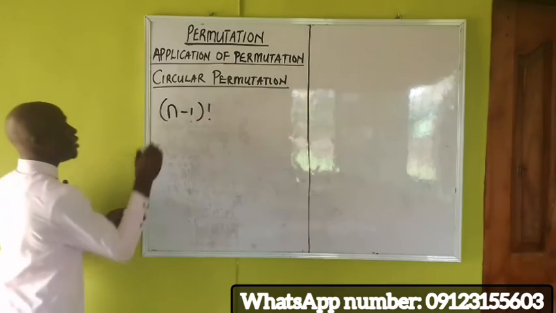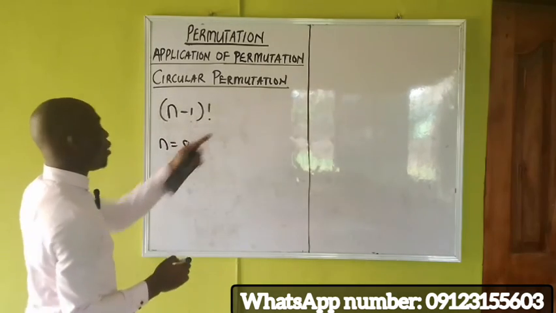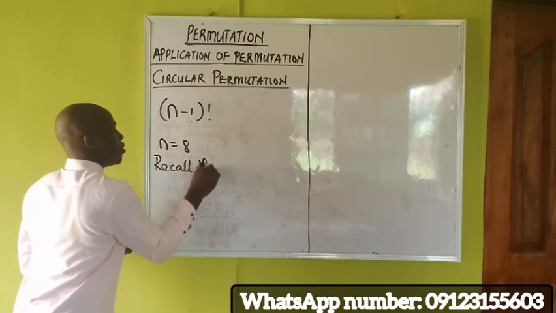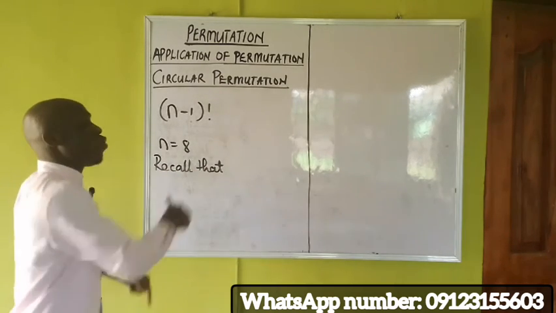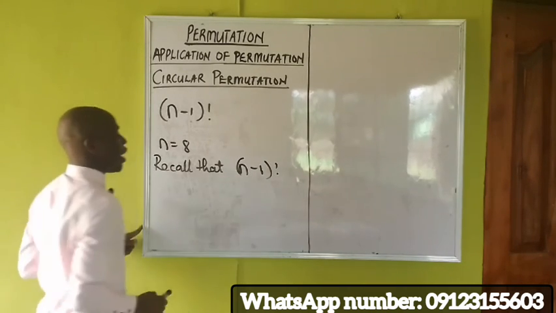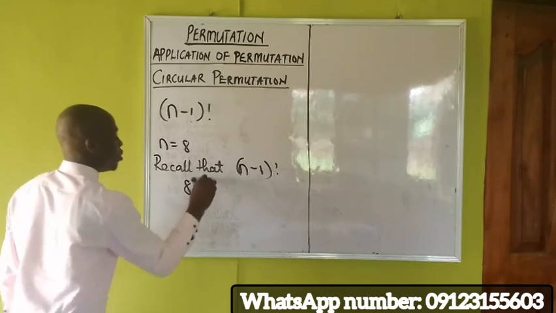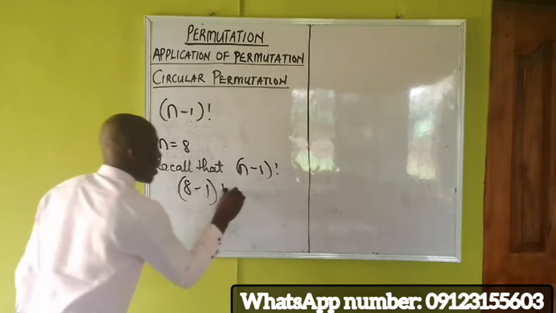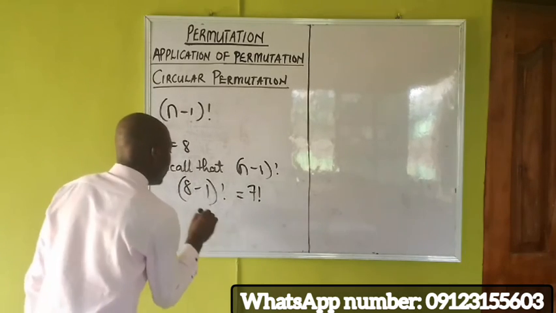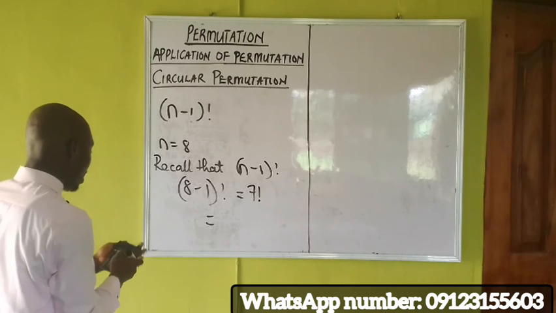Hence, I apply the formula. Recall that the formula for anything circular is n minus 1 factorial. My n here is 8, so that becomes 8 minus 1 factorial. 8 minus 1 is 7 factorial. And if I punch 7 factorial, I will have 5040 ways.